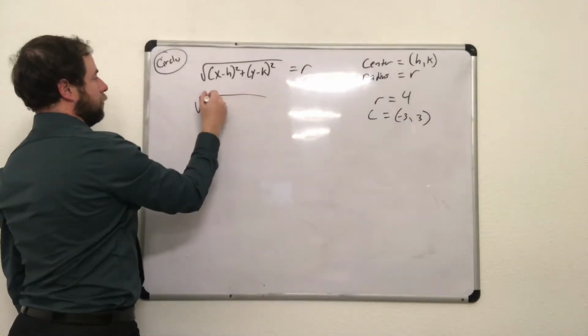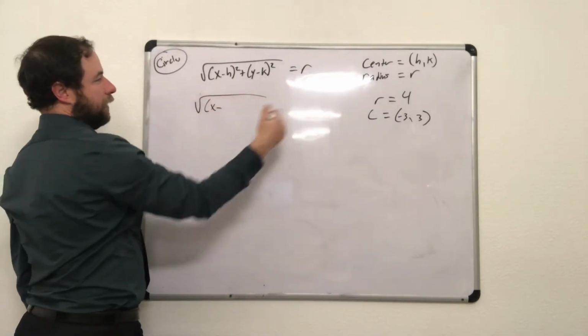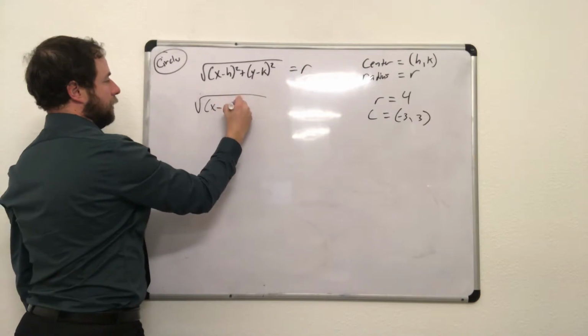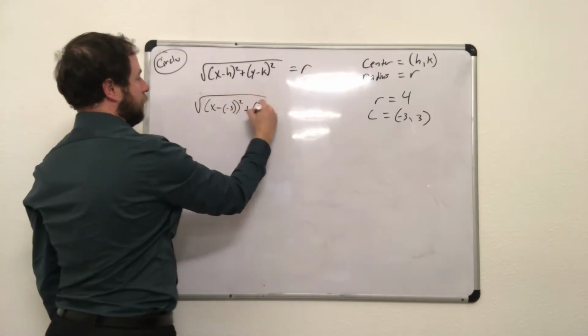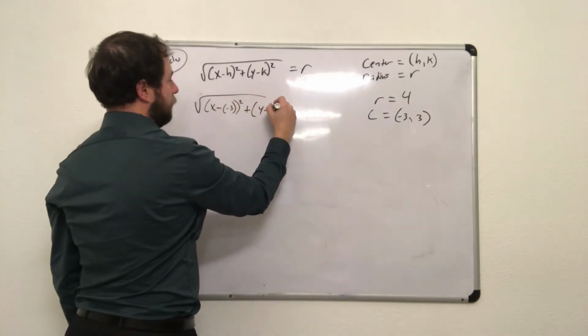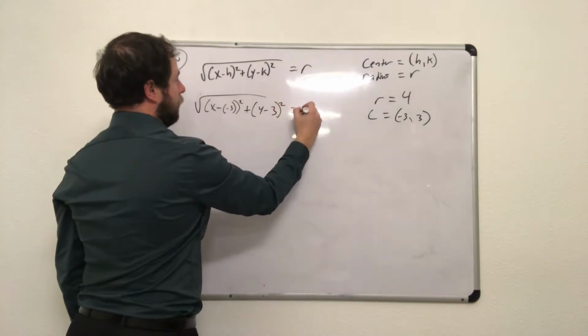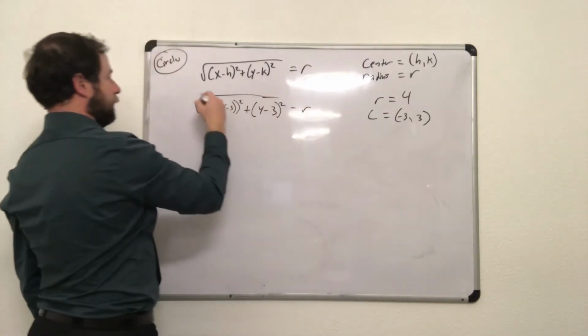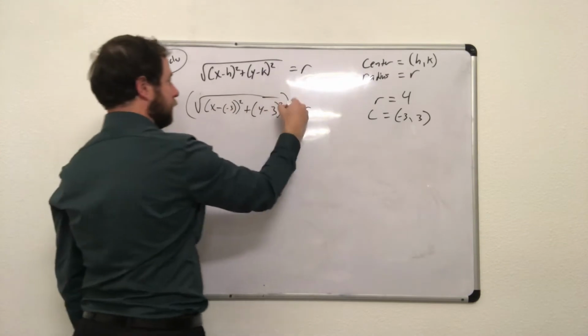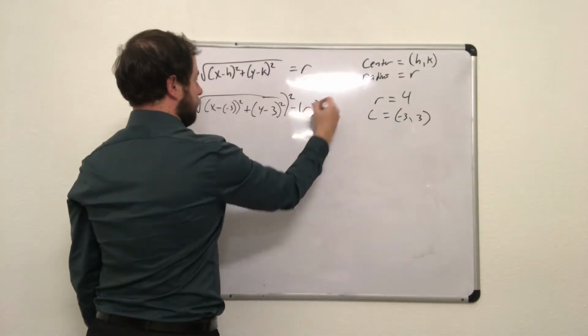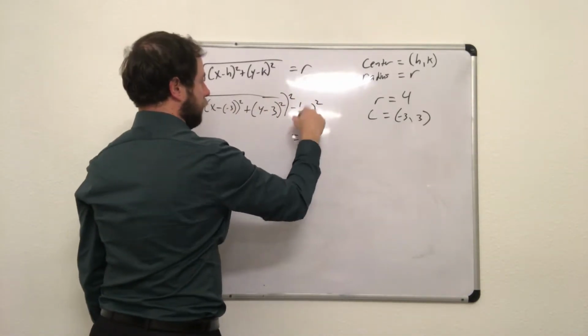So we got the square root of (x minus h, and h is -3, whole thing squared, plus y minus 3 squared) equals r. Now we're going to square both sides. We do know r is 4.